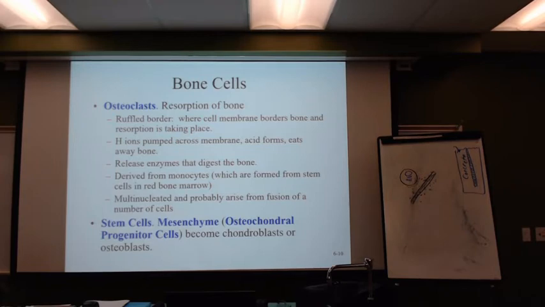And what is absorb? We've already had to absorb calcium phosphate from our intestines, right?